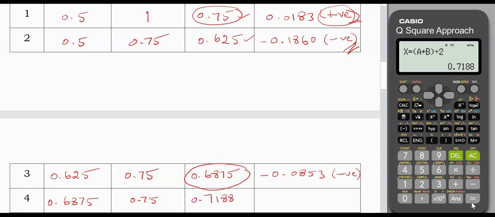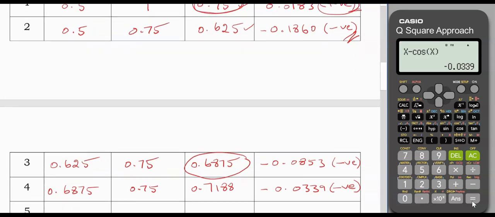Then the value of x is 0.7188. The function value is 0.0339. This is also negative. We know the root lies between one positive and one negative value. The positive value exists at 0.75 and here the negative value.